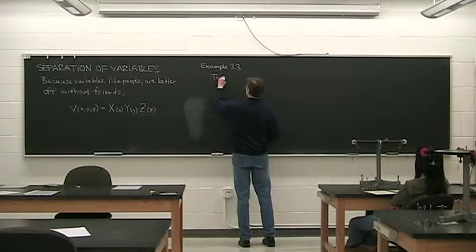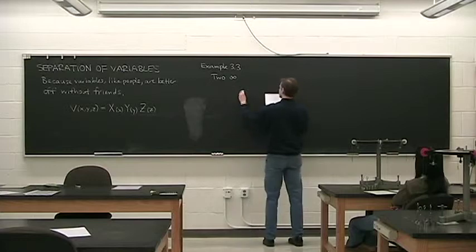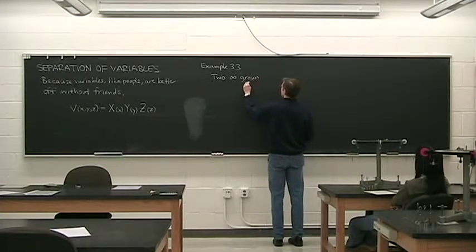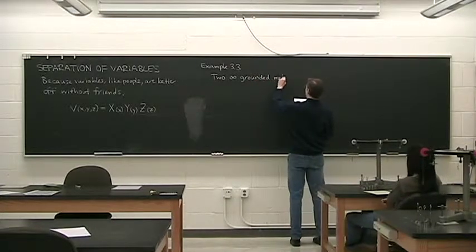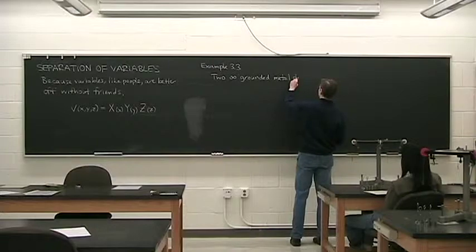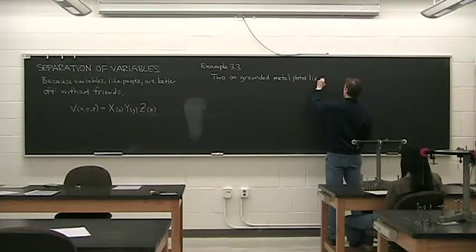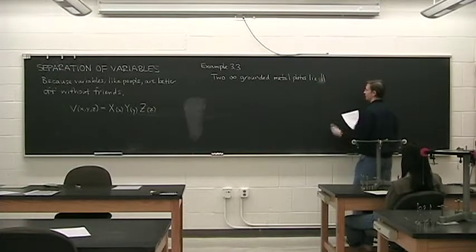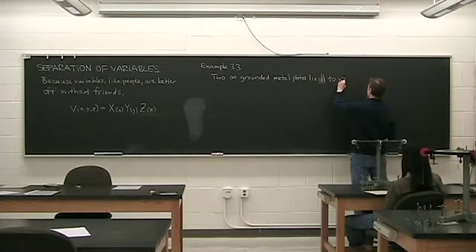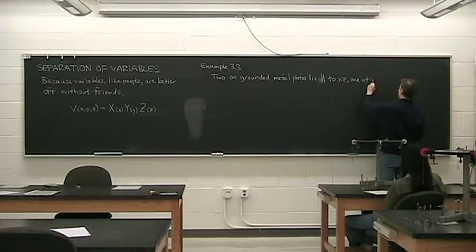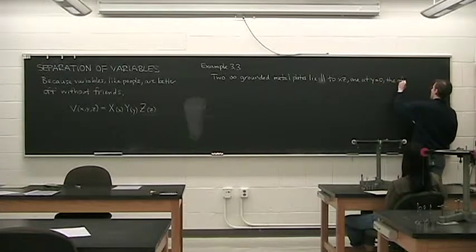So, two infinite grounded metal plates lie parallel to the xz plane, one at y equals 0, the other at y equals a.